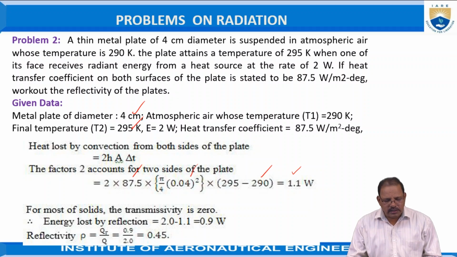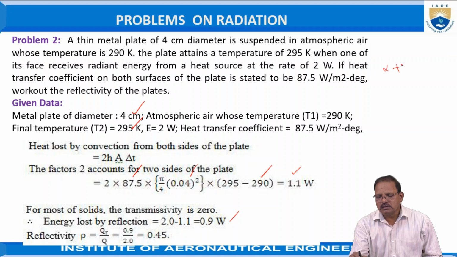But for most solids, the transmissivity is 0. The energy lost by reflection is equal to 2.0 minus 1.1, which is equal to 0.9. Here, according to the equation, alpha plus rho plus tau should be equal to 1.